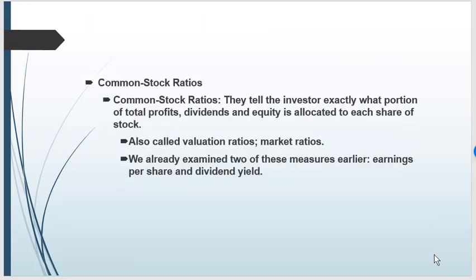So the next set of ratios that we want to look at, they refer to them as being common stock ratios. I prefer to think about valuation ratios or market ratios. So essentially what we're looking at now is the stock price. How is the company's stock price relative to some line items in the financial statements?